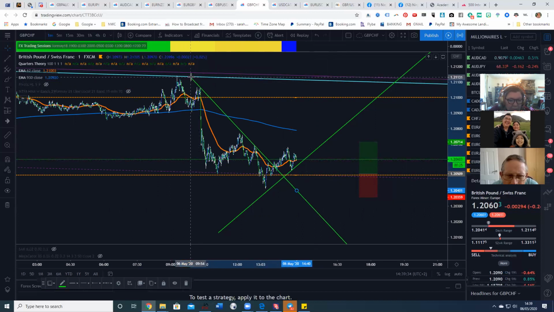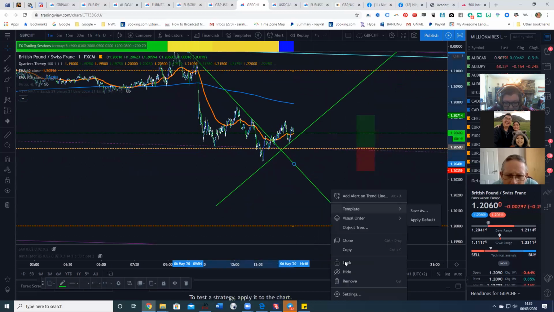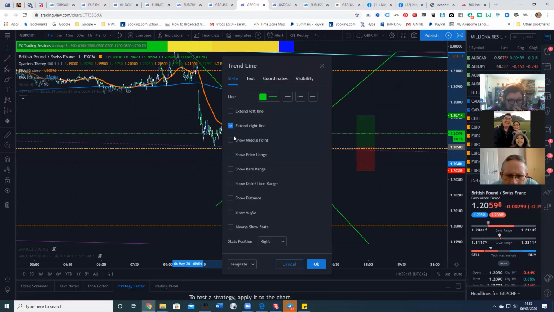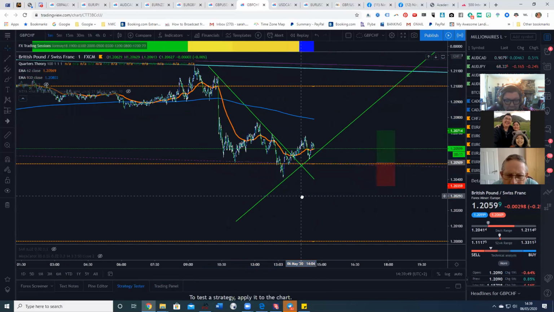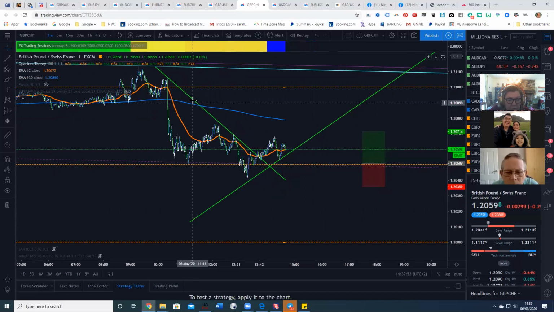So if you look at it like that, just take off. I usually have extend right line on, but usually have that for my quarter alerts. So on this, you can see that you could have used this break of trend line here as one of your confirmations for entry.